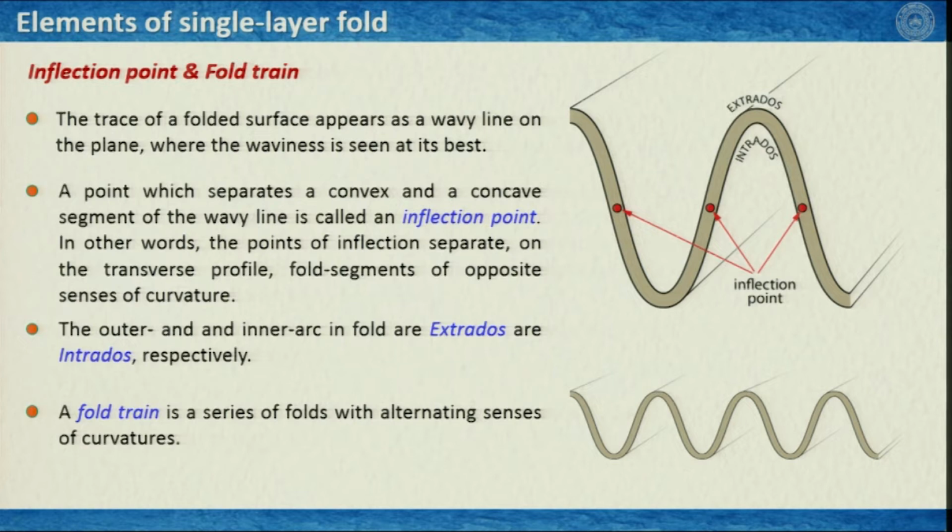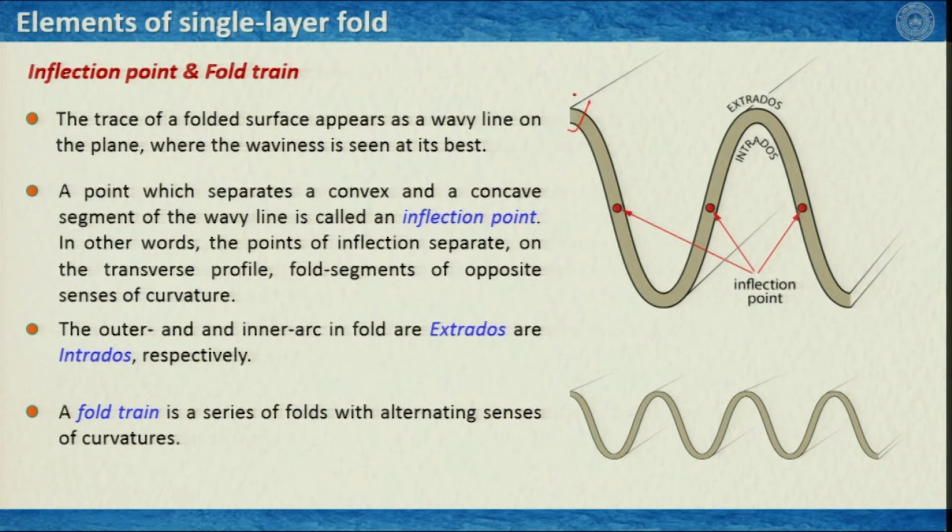Now, as we talked about, the trace of a folded surface appears as a wavy line on the plane where the waviness is seen at its best. Let us take this example. So, this is a folded layer, as you can see here, this light brown layer that got folded, and we are seeing this along a section where this waviness is best visible.